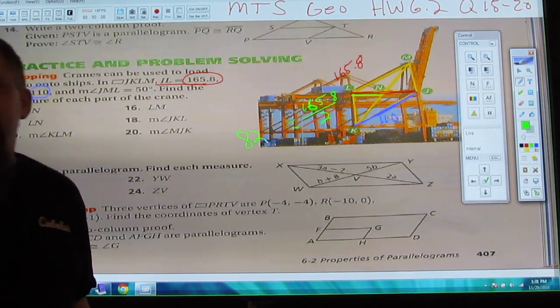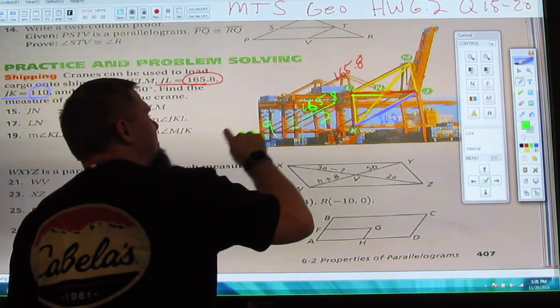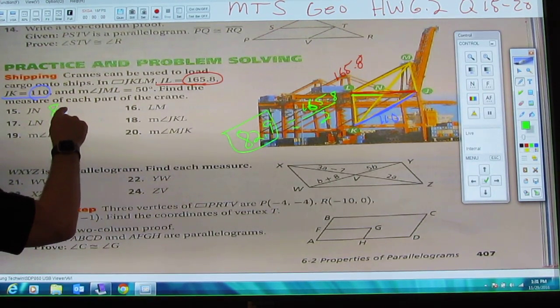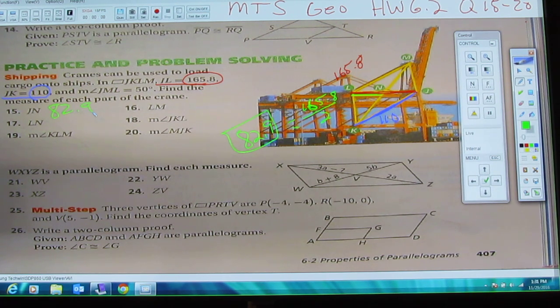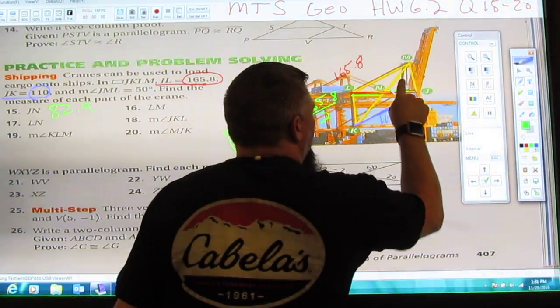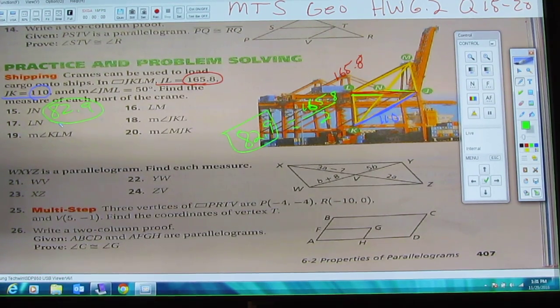So 18 divided by 2? 82.9. So that means JN is 82.9. LN is the same. So LN and JN are both the same. So they're both going to be this. Okay?